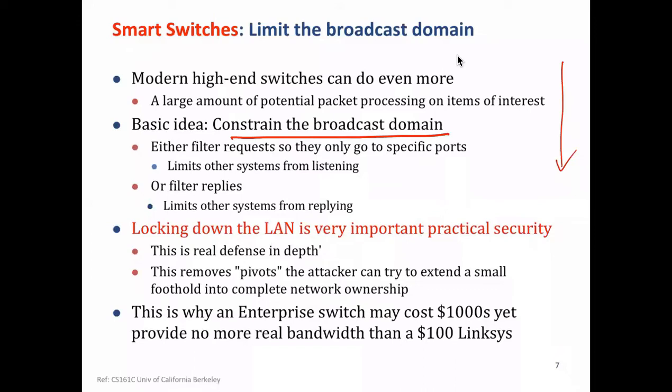Okay. And then, of course, a very important activity is defense in depth, wherein we try to limit the scope of the LAN, right? Basically it's nothing but locking down the LAN. You can think of locking down in many ways. VLAN is one way of reducing the scope. You may require multiple levels of authentication and so on.